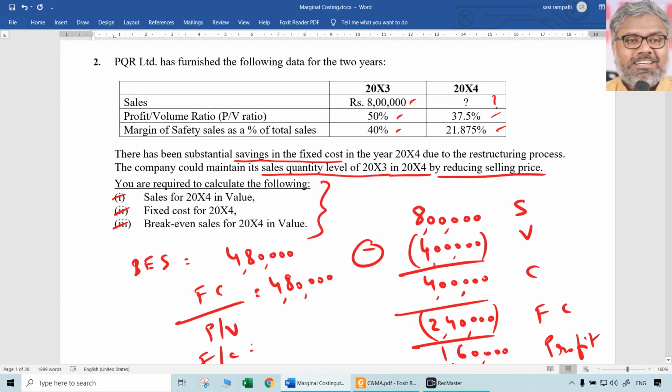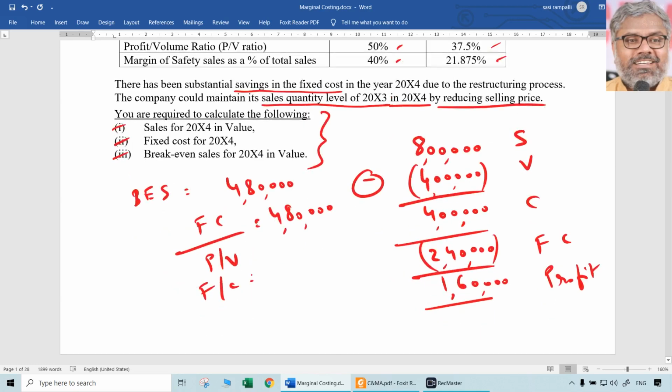Now let us look at the next year's data. First point is we don't know the sales. That is what we should find out. But fixed cost was reduced, so 2,40,000 definitely cannot be the fixed cost. Fixed cost has definitely changed. Sales also will change, because when you have the same quantity but less selling price, naturally sales will be lesser next year.